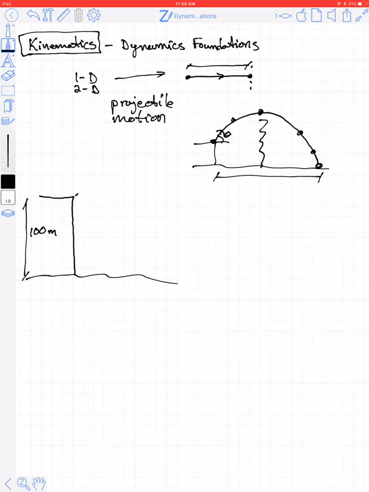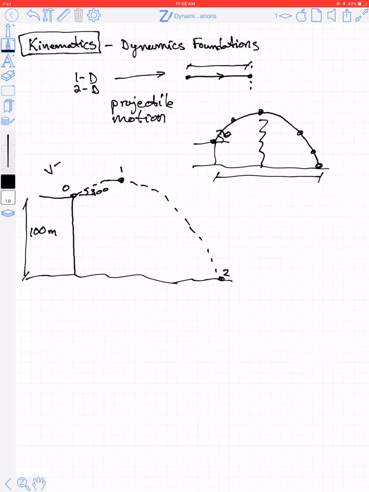And let's launch the object at an angle of 30 degrees and have the object travel until it hits the ground. One of the things we do in kinematics is we label the points. Let's call this point 0. Maybe call that point 1, call that point 2, and we could have many points along the way.